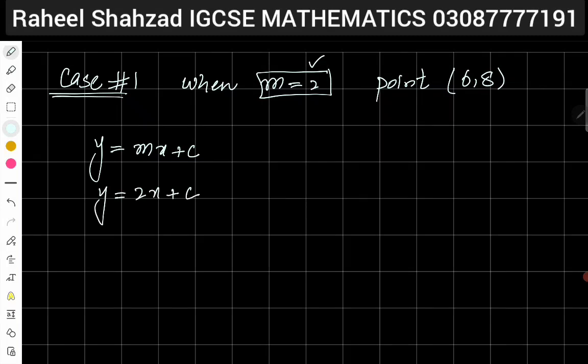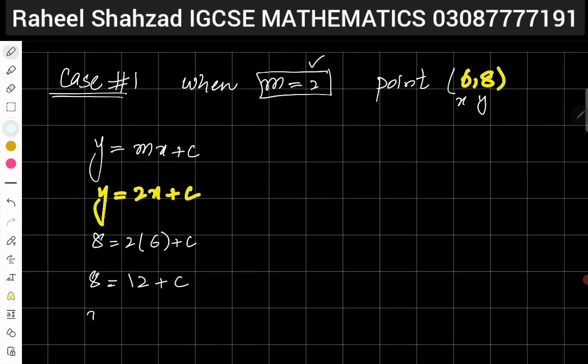Now in order to find value of c, we are going to substitute this point in this equation. So y is 8, x is 6, 8 is equal to 12 plus c. 8 minus 12 is equal to c, that is equal to minus 4. So equation of straight line is y equals to 2x minus 4.